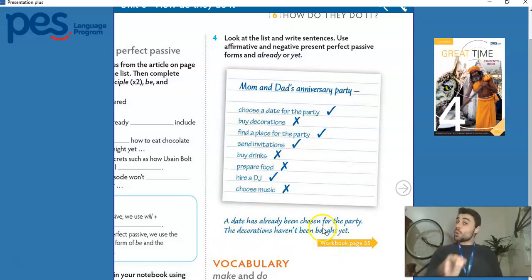So what's your job? You're going to pause the video here, go to your notebook, and write the sentences for find a place for the party, send invitations, buy drinks, prepare food, hire a DJ, and choose music using the present perfect passive and the words already, if affirmative, and yet, if negative. Good?